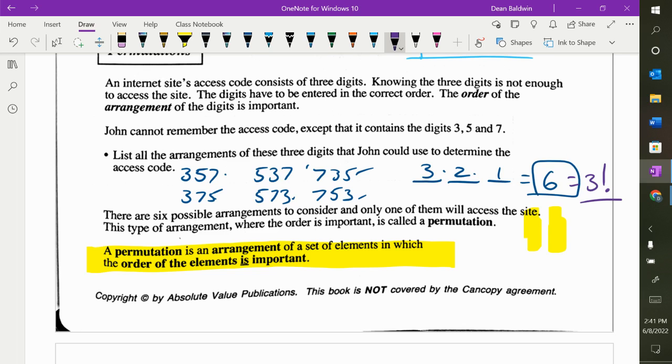How many elements were there at the beginning? 3. So if you have 5 elements and you're using all 5 in a specific order, how many ways can you rearrange them? 5 factorial. If you have 10 elements and you're rearranging all of them in a specific order, it's 10 factorial.